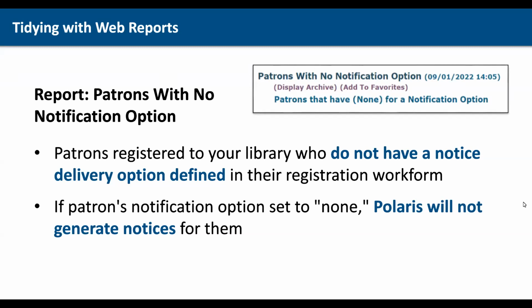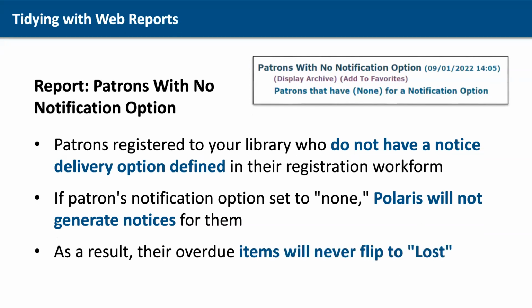In order for an item to flip to lost and a bill notice to be generated, a patron has to have 3 overdue notices posted to their account. If the patron does not have a notice option defined, the patron's overdue items will never flip to lost. That is, in a quick nutshell, why it's important for them to have a notification option defined.